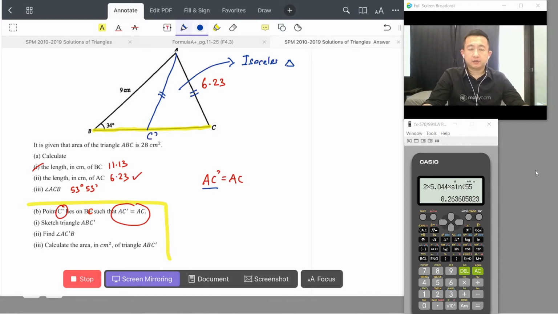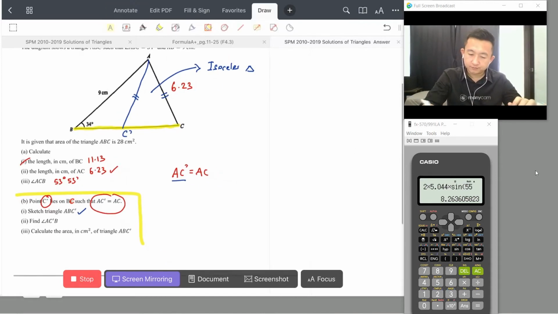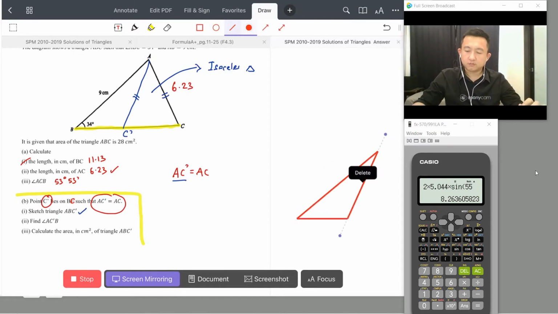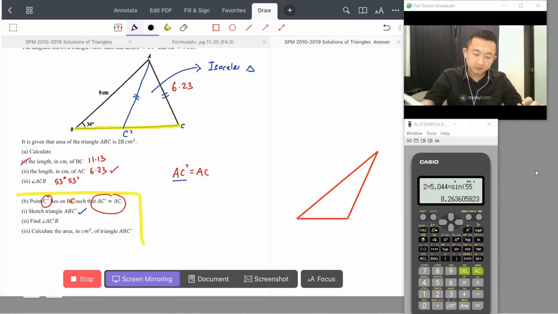Okay, so this is your visualization. You need to sketch the triangle ABC prime. Okay, let's sketch it out. ABC prime, so it should be something like this, right?